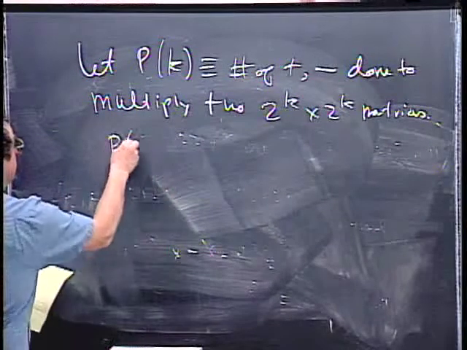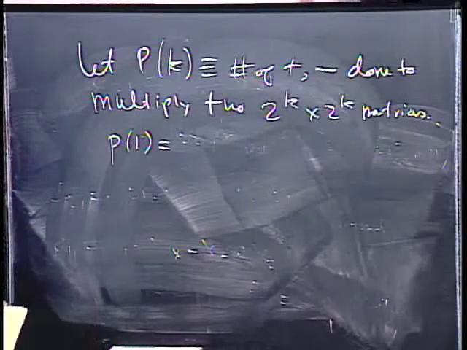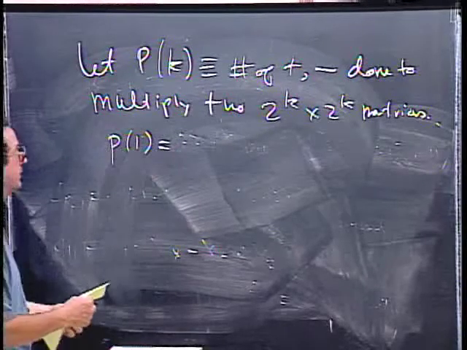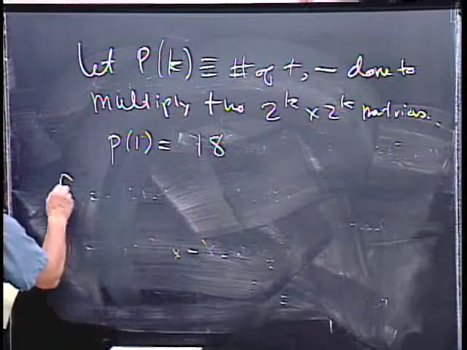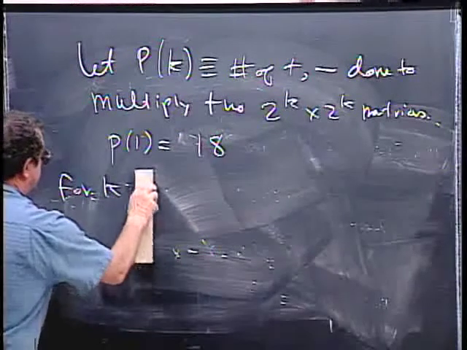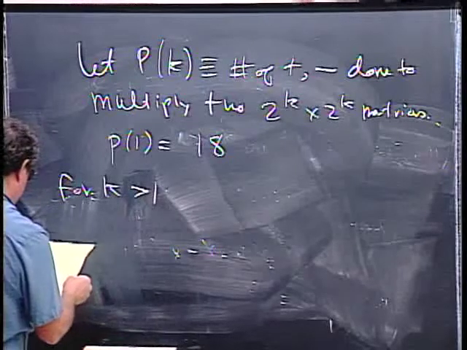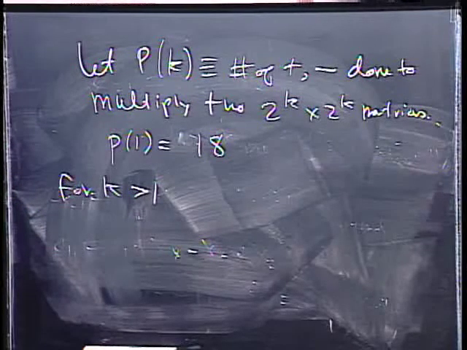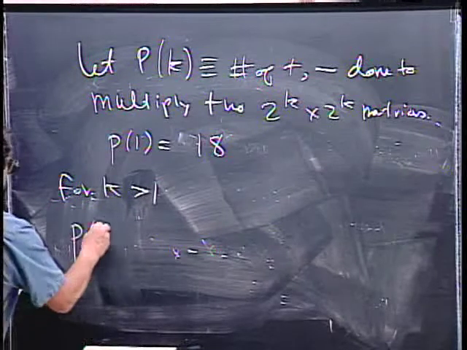Well, first of all, P(1) is equal to, this is now the 2 by 2 case, so we know how many additions that is. That's equal to 18. Okay? Now for k greater than 1, well, let me just show you what it is, and then I'll try to explain it a little bit better.